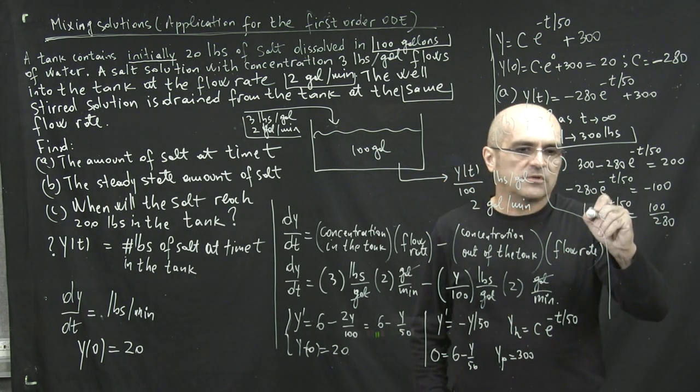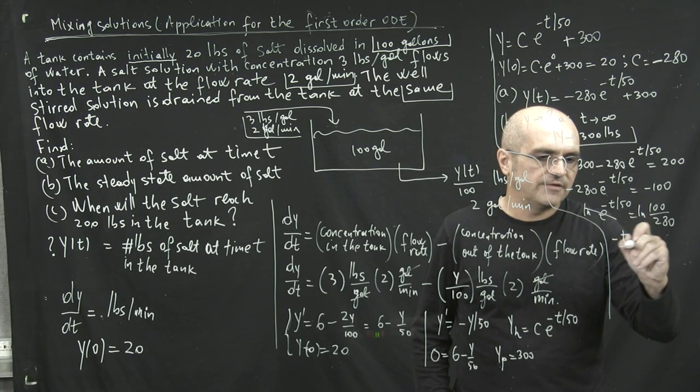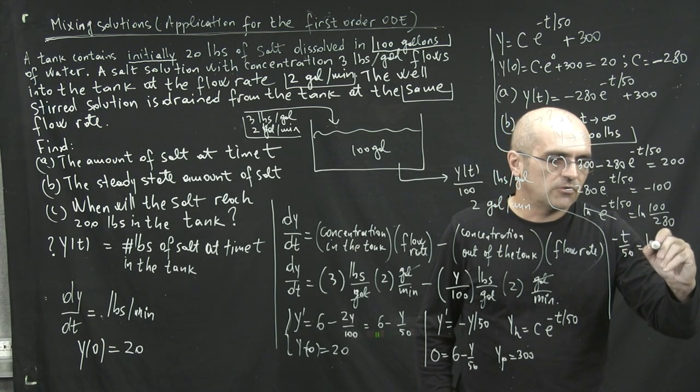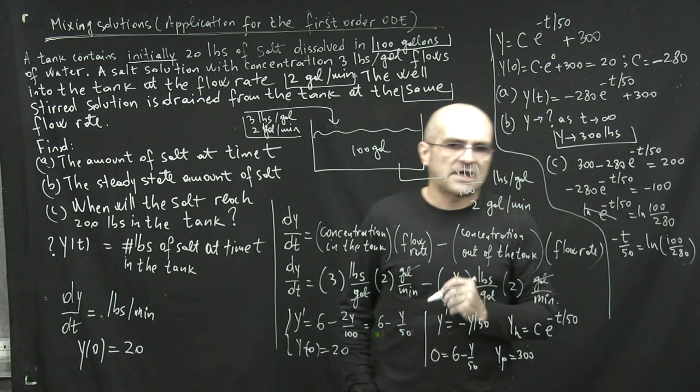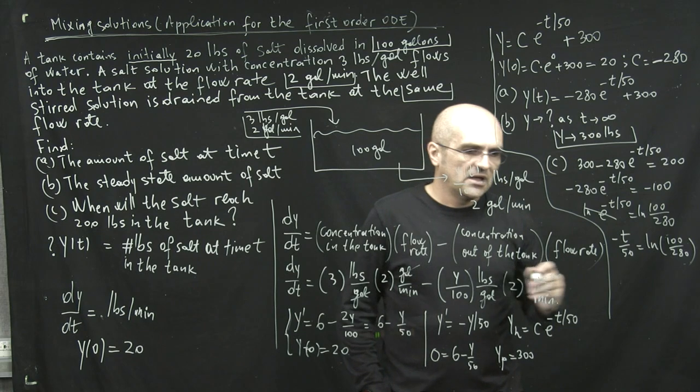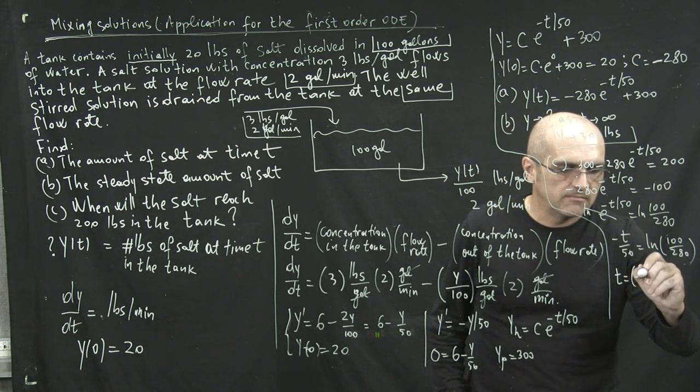Take the natural log on both sides and simplify. So minus t over 50 is natural log of 100 over 280. Again, take your time with the calculator to do this. And then for t, you multiply by minus 50 on both sides.